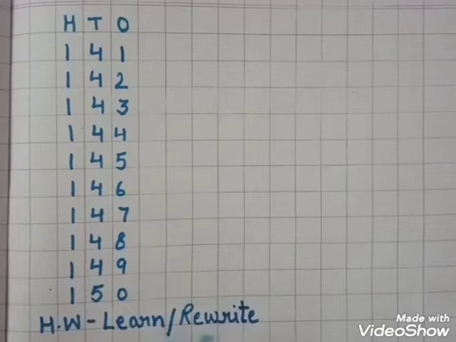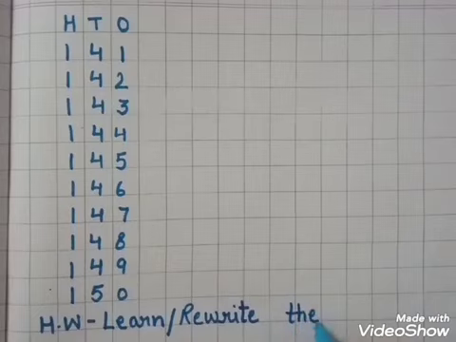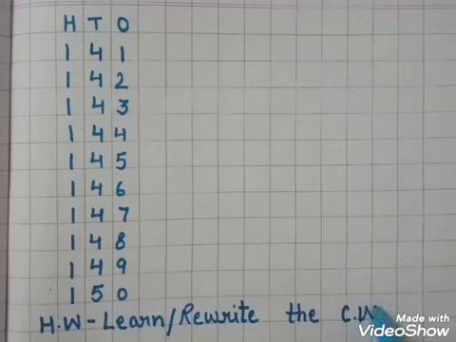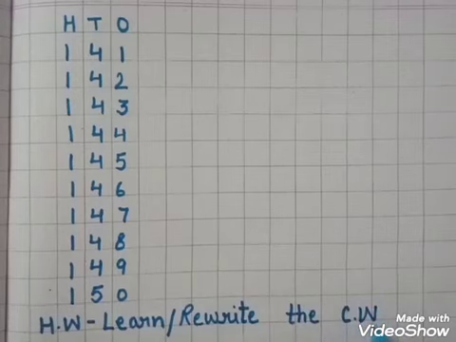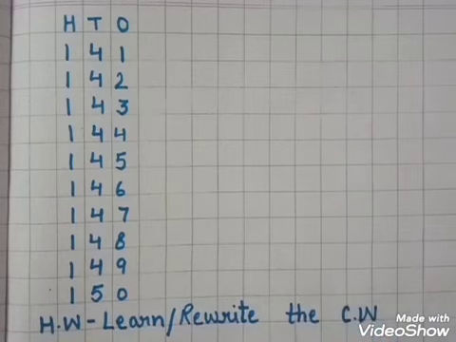Rewrite. Learn and rewrite. Then leave one box. Then write down THE, the. C.W. Both are capital. C.W means classwork. Learn and rewrite the classwork.